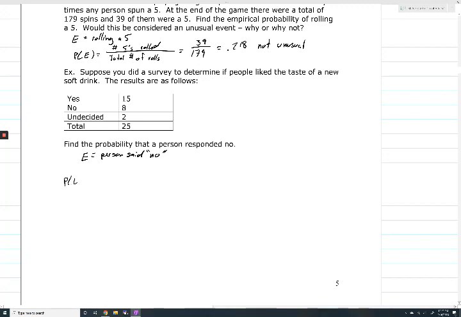We're trying to find the probability of E. That means number of no's over total number of people. Which gives us 8 over 25 as our probability.